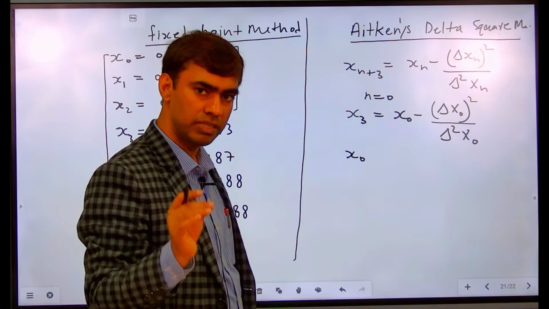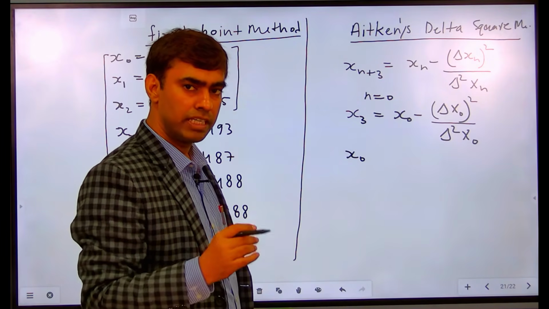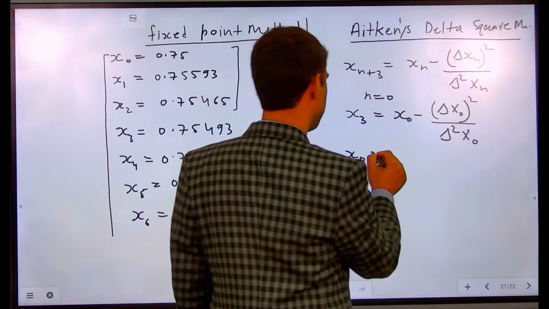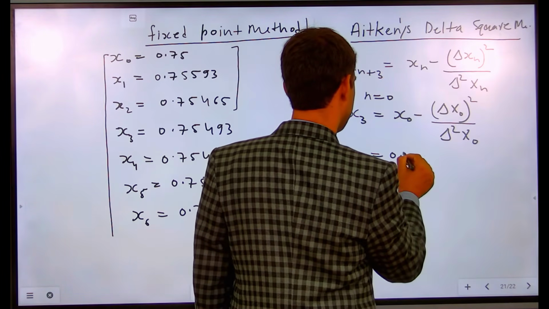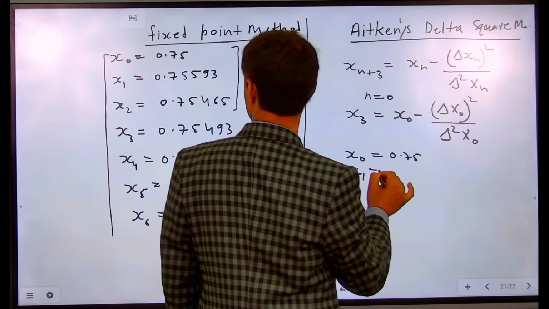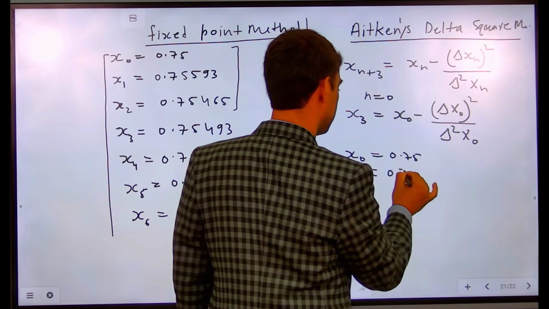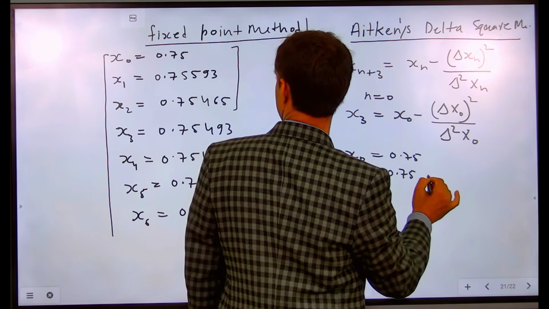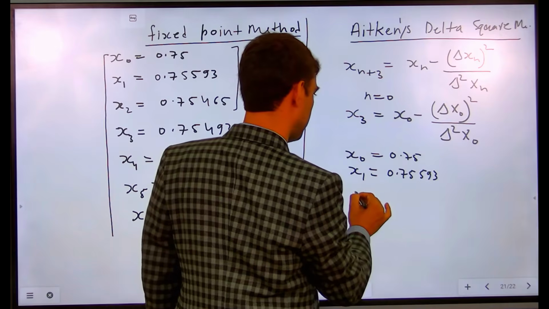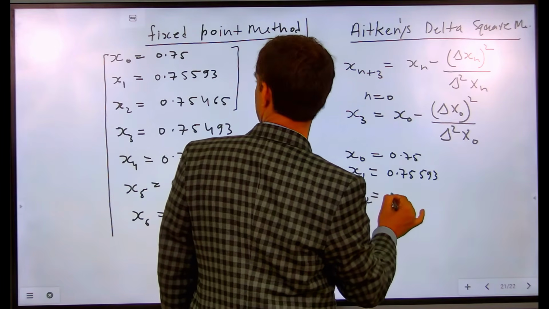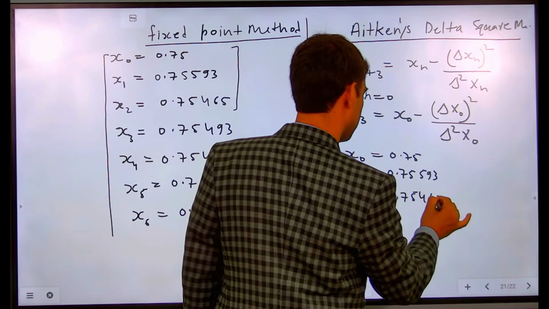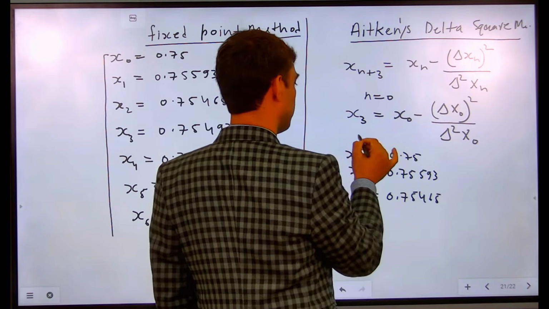First we obtain x0, x1 and x2 with the fixed point method. x0 is 0.75, x1 is 0.75593, and x2 is 0.75465.